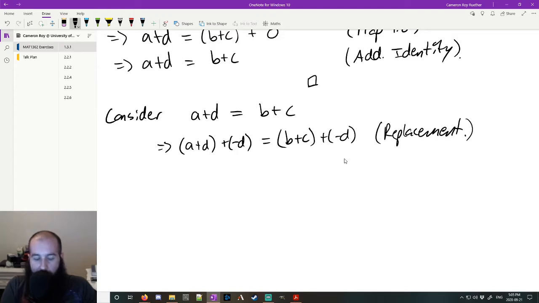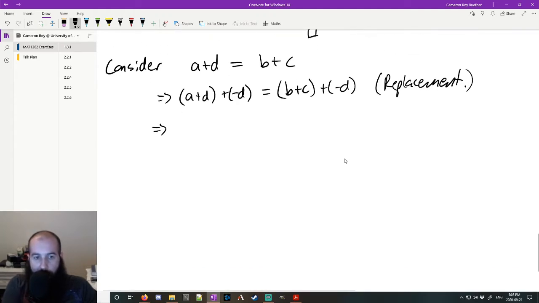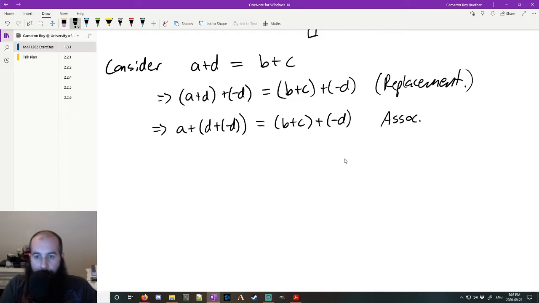And we're going to work on this left-hand side. First, we'll use associativity to group together the d and additive inverse of d. Now, d plus negative d is 0.